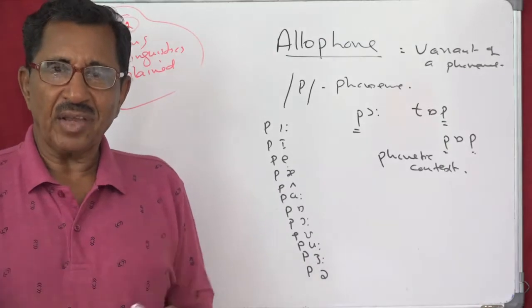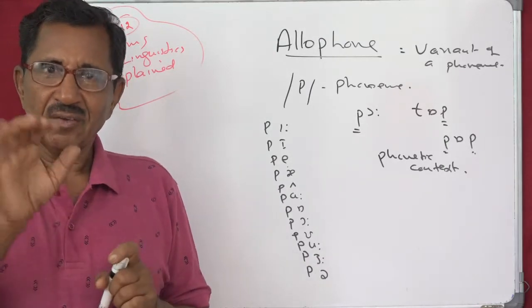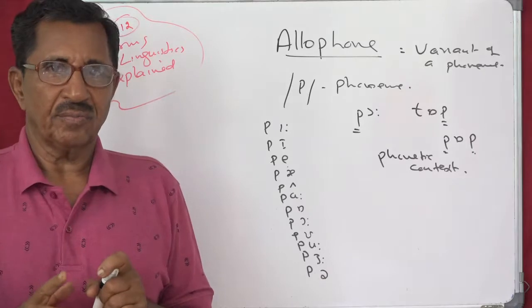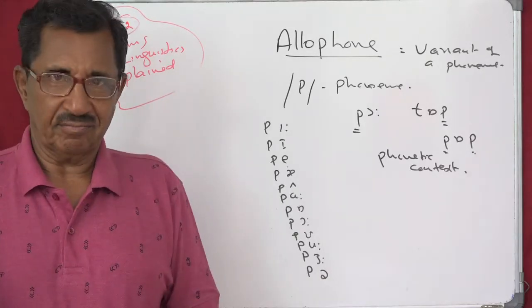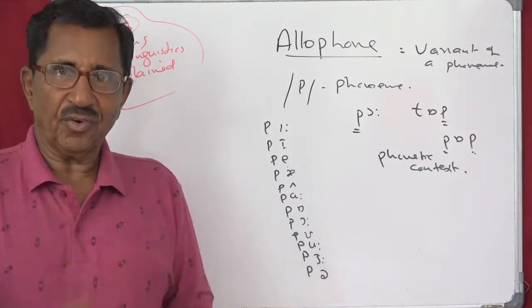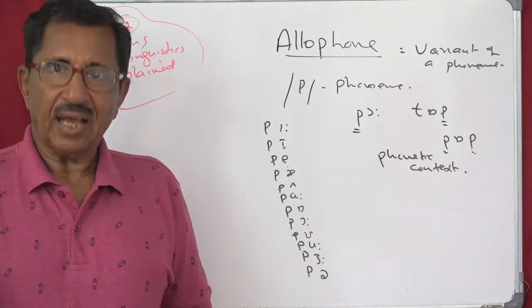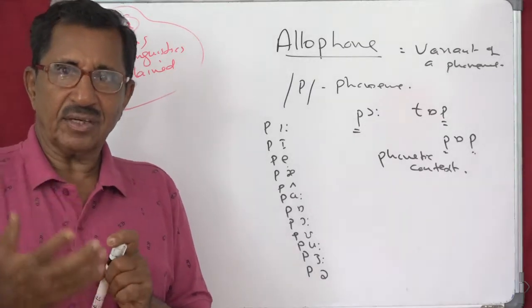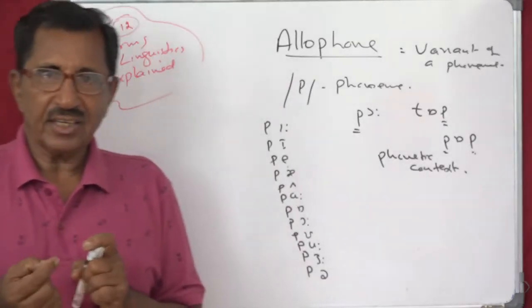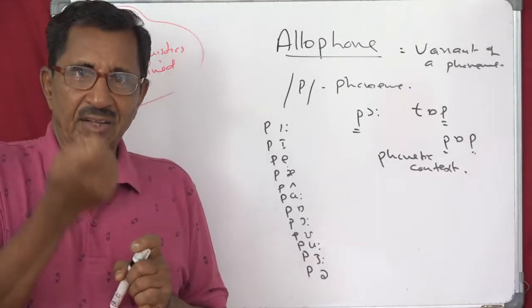So what we actually use is not a phoneme, but allophones. Because all the 24 consonant sounds are influenced by phonetic context, and phonetic context will definitely affect slight changes in the phoneme.